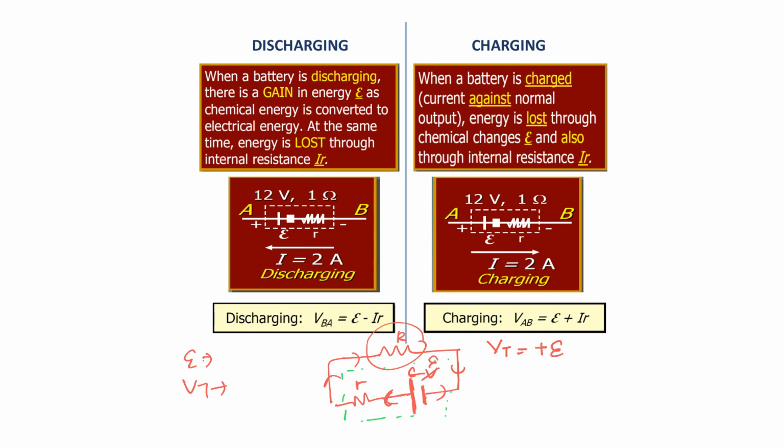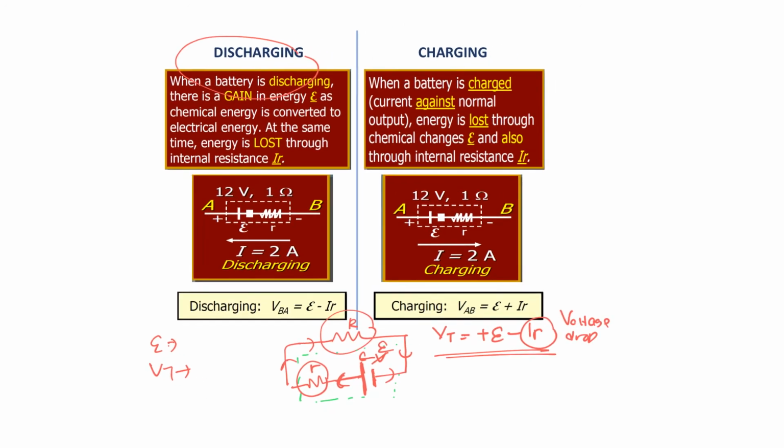And then at the internal resistance, there is always a voltage drop, so it's going to be minus IR. This is the voltage drop at the internal resistance. That's the reason you get this formula: terminal voltage is EMF minus IR for the discharging concept, which follows the conventional current flow.